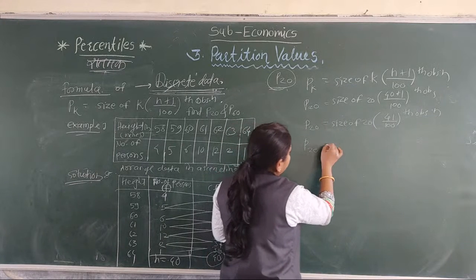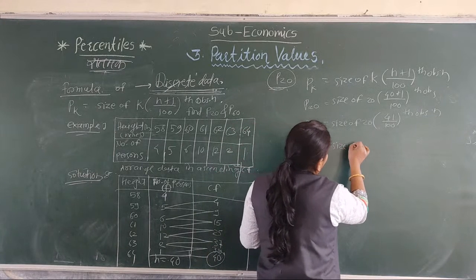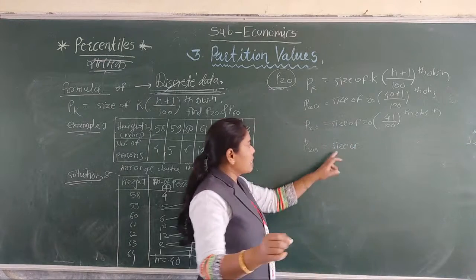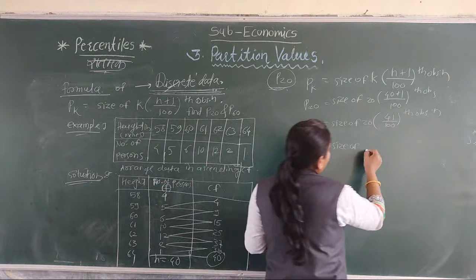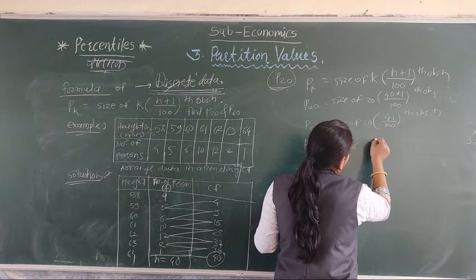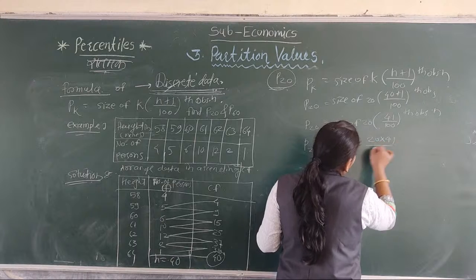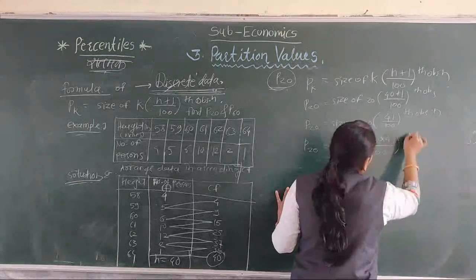Then next, size of 20 multiply 41, listen carefully, divided by 100 observation.